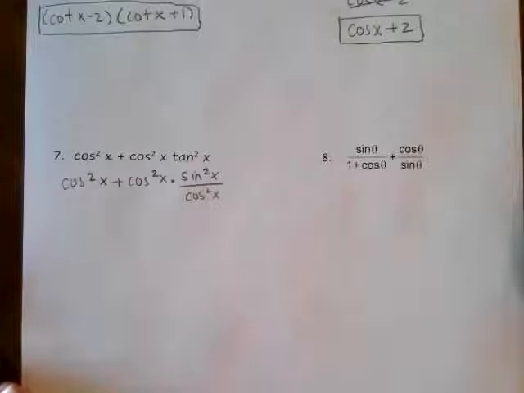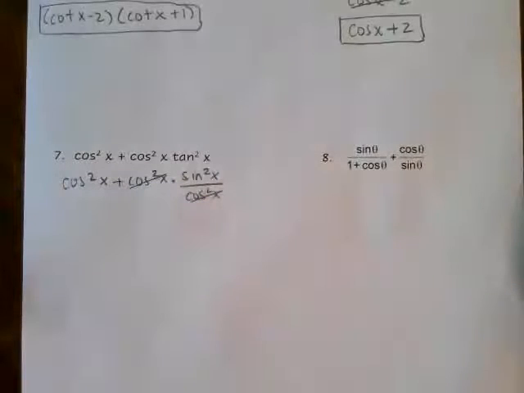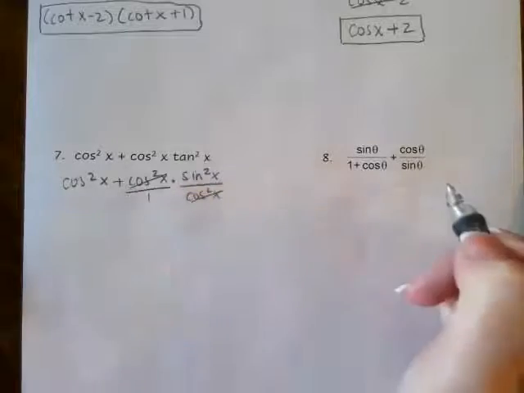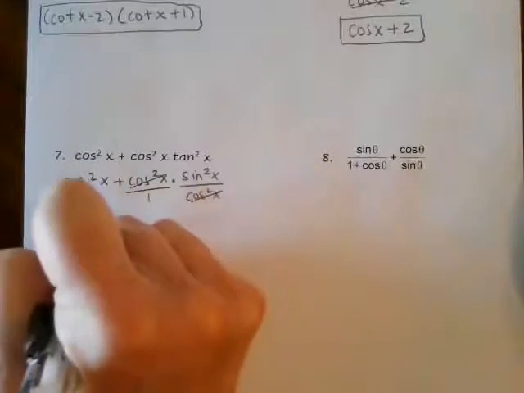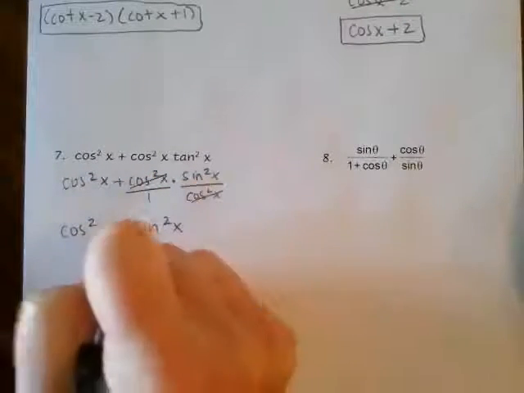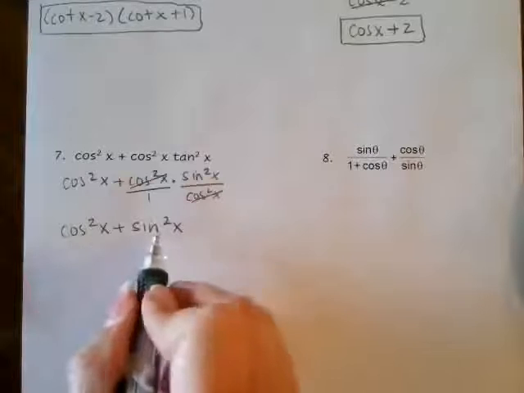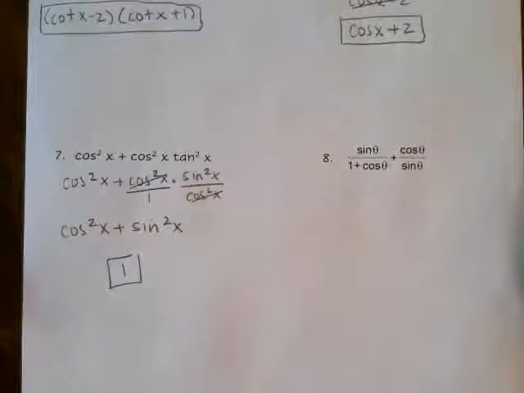Tangent squared of x is the same thing as sine squared of x over cosine squared of x. That means that these two are going to cancel out. Since 1 is in the numerator and the denominator, they cancel out. So we get cosine squared of x plus sine squared of x. And we recognize this identity as 1. So that is way simpler than what we started with. And that's always our goal, is to get this to the simplest form.